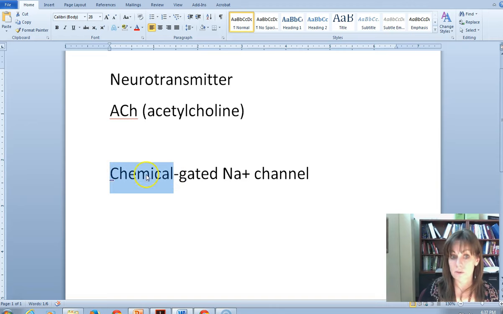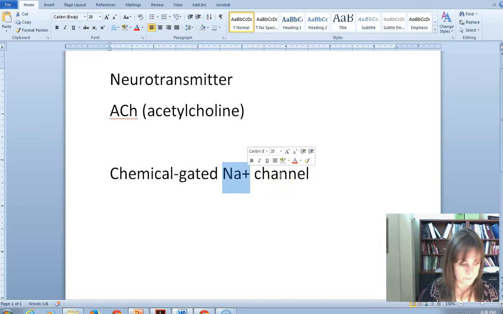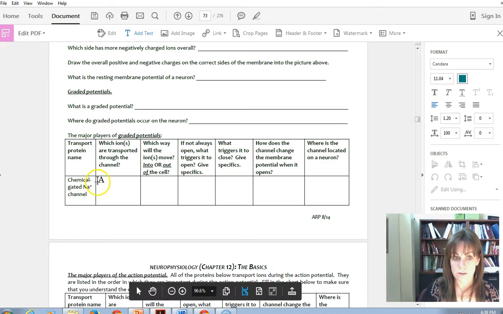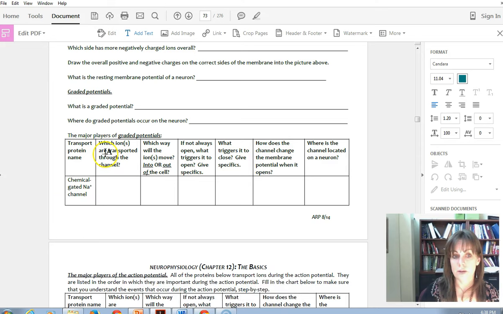So in this case, chemicals control it. What passes through the channel is right in front of the word channel. So sodium passes through the channel. If you're following along in your notes, here we have the chemical gated sodium channel. It asks which ions are transported through the channel. Well, this would be sodium.